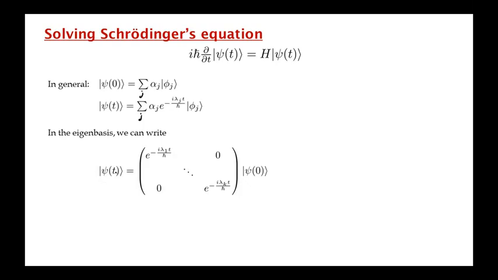If we write it out in the eigenbasis of H, it is a diagonal matrix, because each eigenstate stays invariant except for phase changes. So it's a diagonal matrix with diagonal entries e to the minus i lambda j t over h bar. This is clearly a unitary matrix.